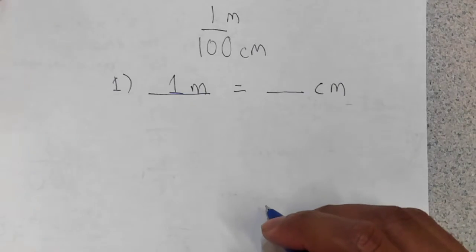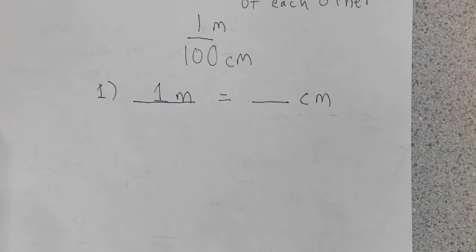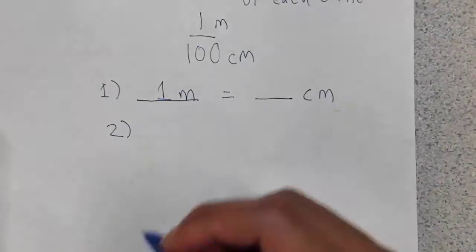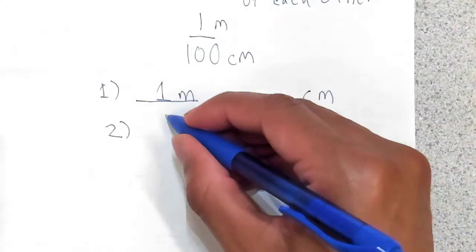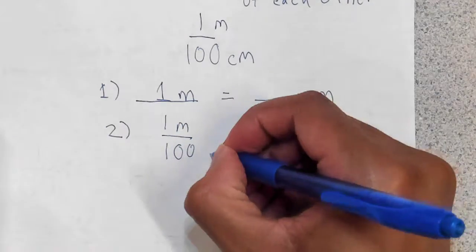We don't know. So we did step 1, we identified and wrote what we are converting from and converting to. Step 2, identify the conversion ratio. We already said 1 meter over 100 centimeters.